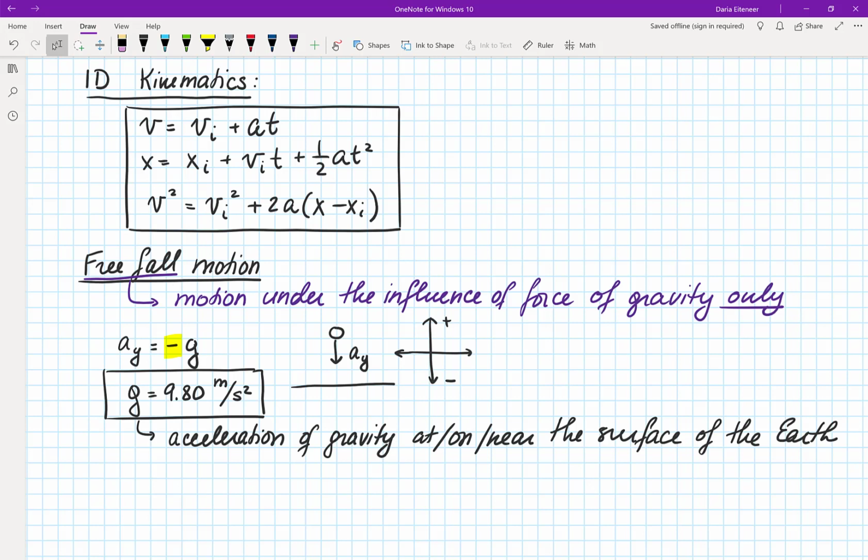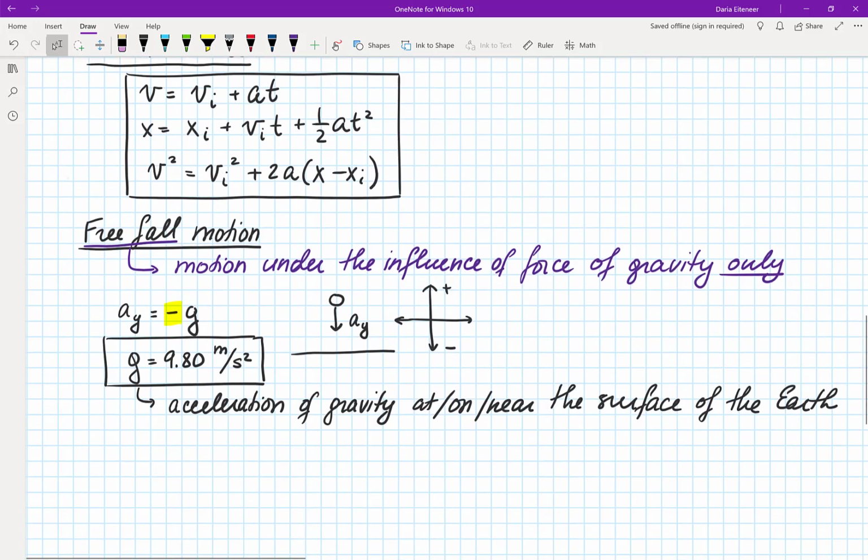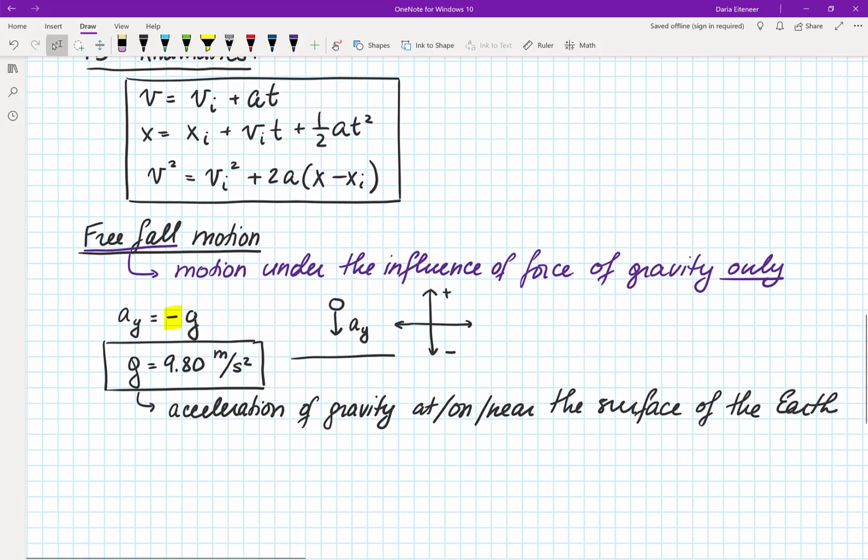Now, I'm not going to call those new equations. I'm just going to adjust these one-dimensional kinematics equations for more convenient usage. So remember, a_y is negative g. That's what I'm going to plug in.